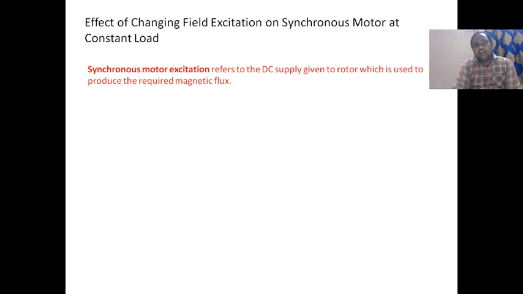Whenever the excitation increases, what happens? This is a very good and important phenomenon. Synchronous motor excitation refers to the DC supply given to the rotor, which is used to produce the required magnetic flux.